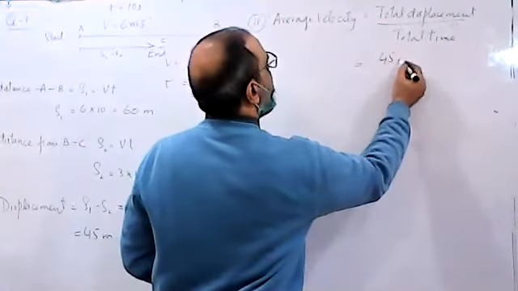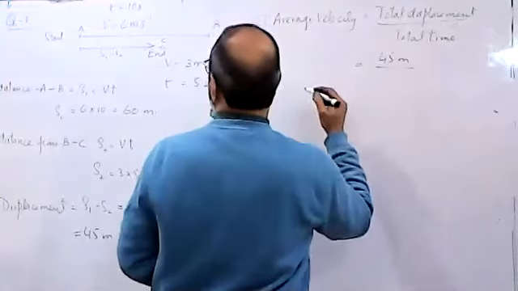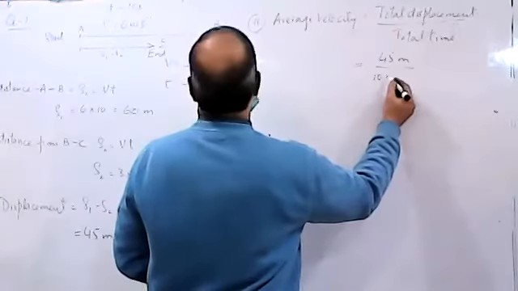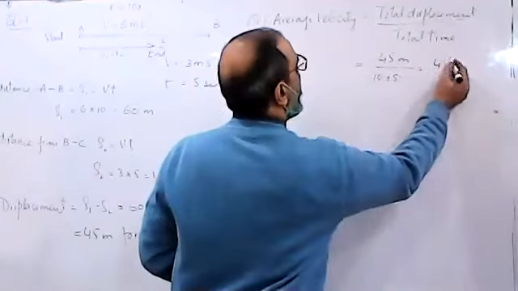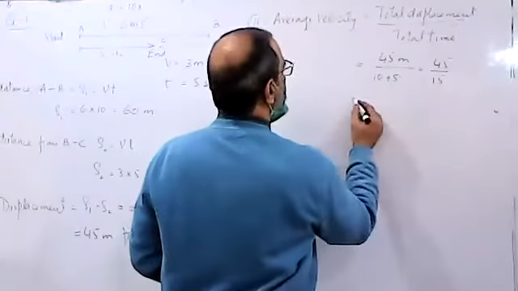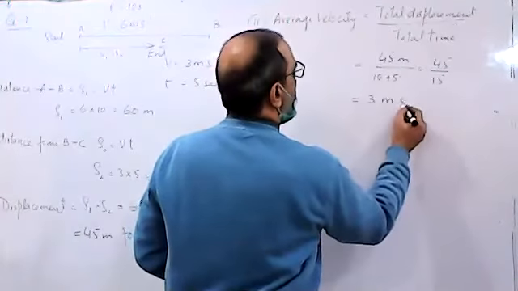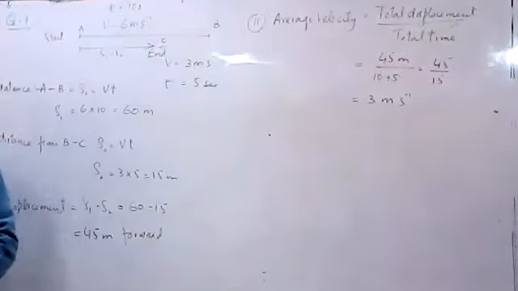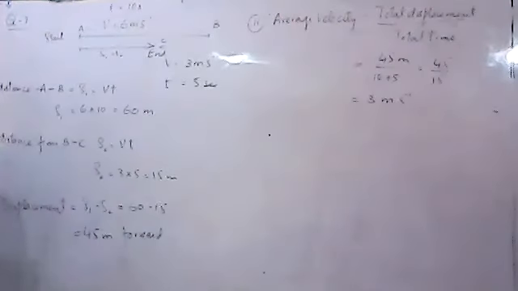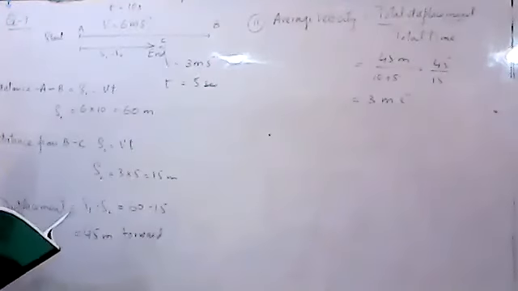That is 45 meter, and the total time will be 10 plus 5. 45 divided by 15, that is 3 meter per second. That is your average velocity. So you have to be careful while finding speed and velocity, whether you have to use distance or displacement.